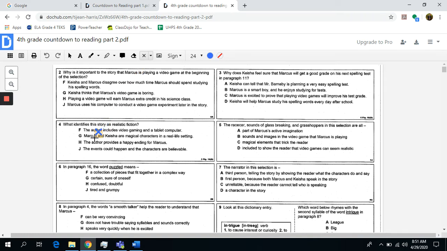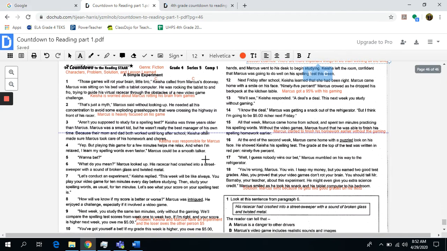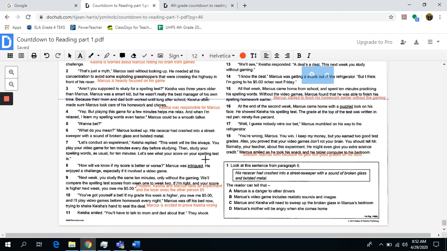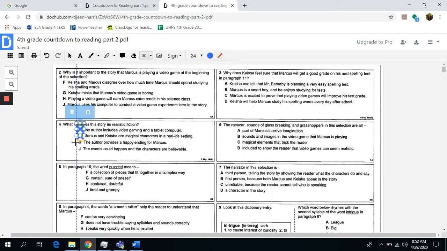No. So including video games on the tablet computer isn't enough for us to discuss this, to write about this as a realistic fiction. It may help us, but it doesn't give us a definitive answer. Marcus and Keisha are magical characters in a real life setting. As we look through this text, there's nothing magical happening throughout the story. In fact, everything seems very realistic, so we can put an X through that as well.